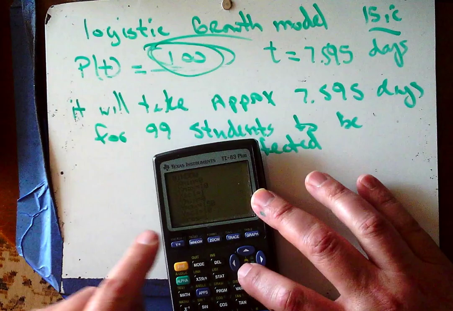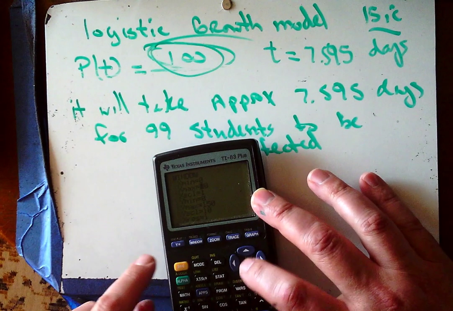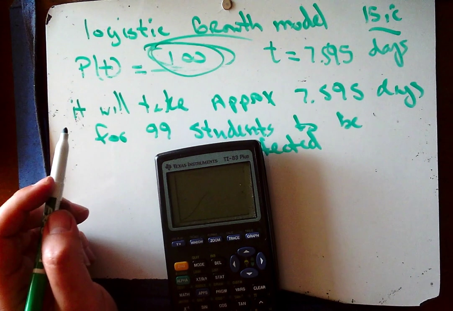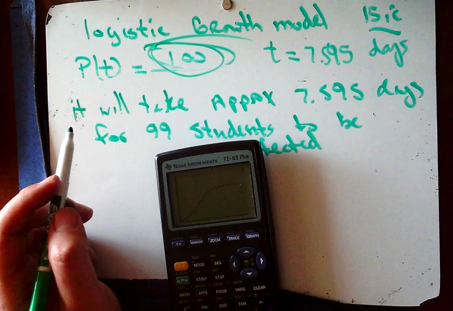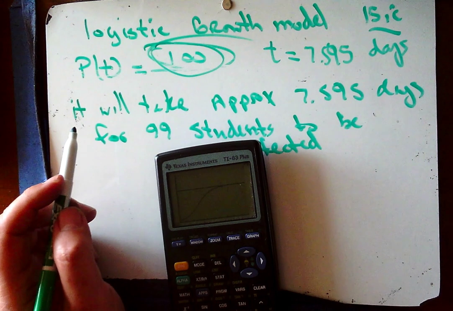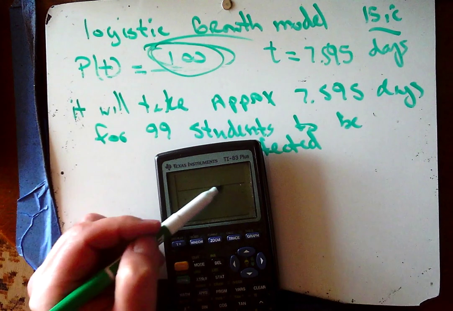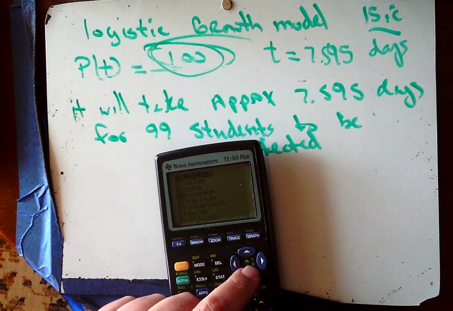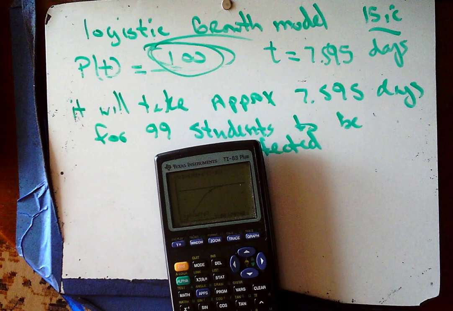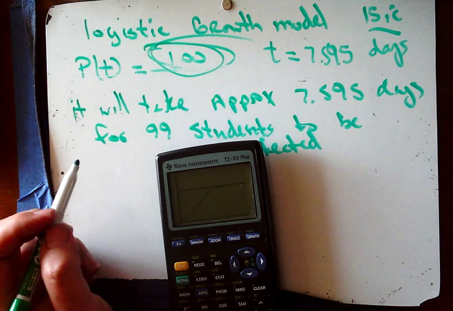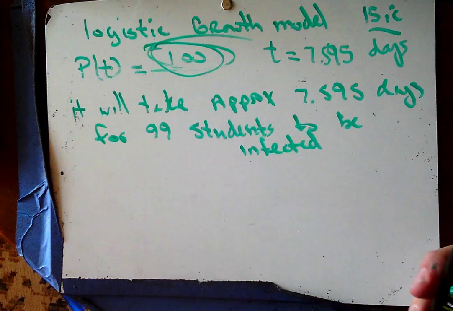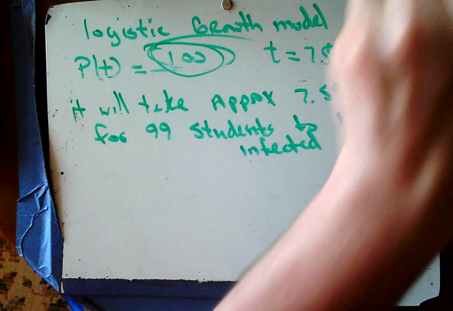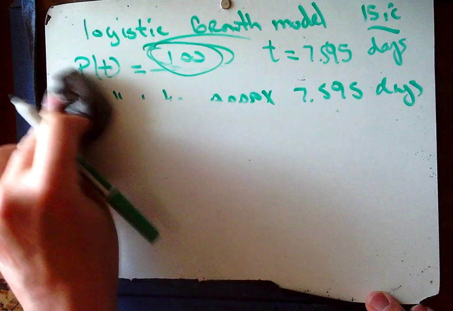And we saw after 7 days, so 10 might be enough for x max. There's my logistic model with its 2 horizontal asymptotes. Whee! It's so close to 100. Second, calculate, intersect. 1, 2, 3. And we get 7.595.